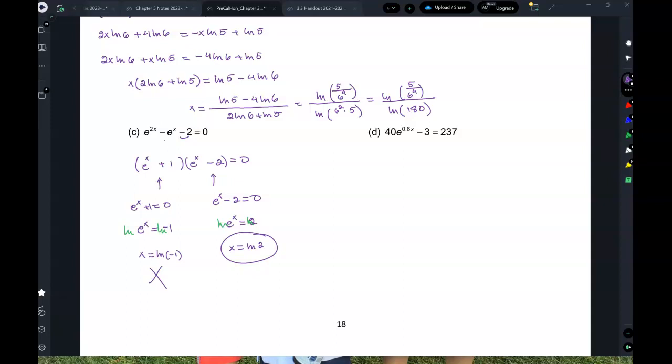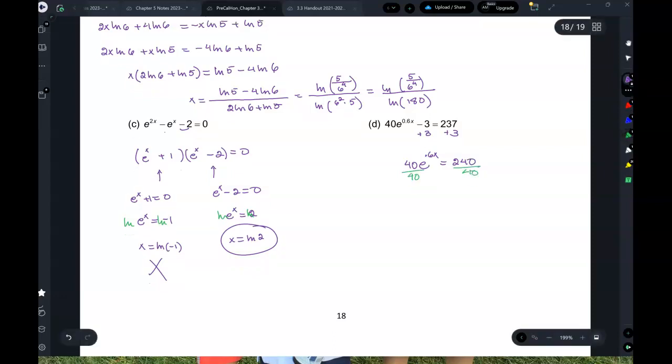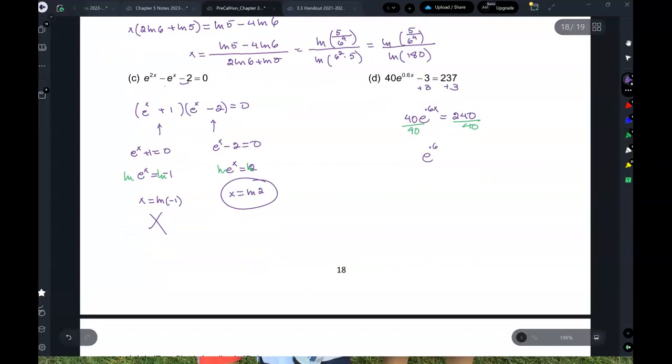Okay, here, add 3. Divide both sides by 40. So I get e to the 0.6x is equal to 60. Now take ln of both sides.